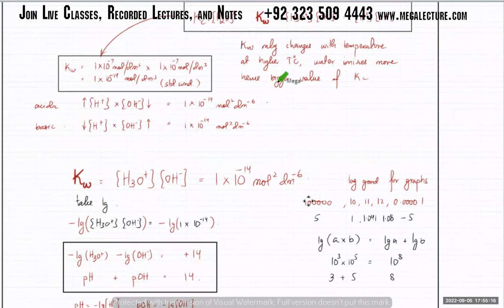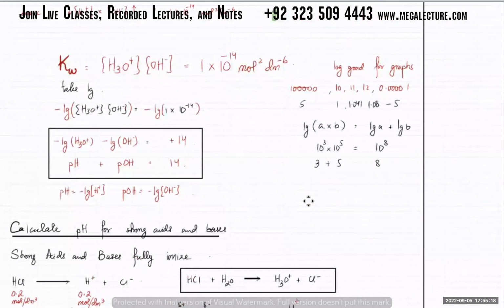But better still, what do you do? You take the log of both sides, and you take the negative log. When you take the negative log, it turns this expression into negative log of H plus concentration plus negative log of OH ion concentration, which is equal to, taking the negative log, 14. This negative log is known as P. Wherever P appears, that's negative log.